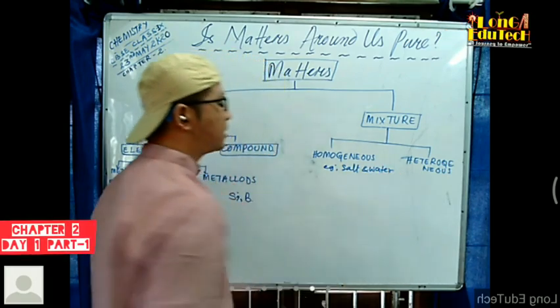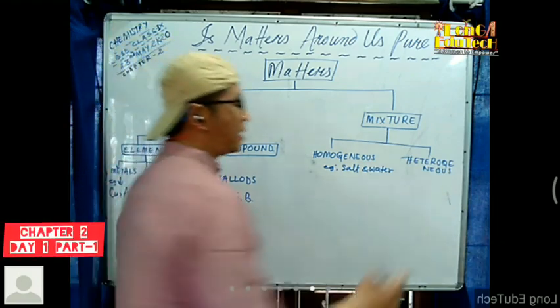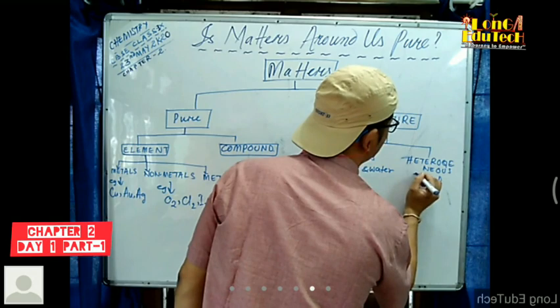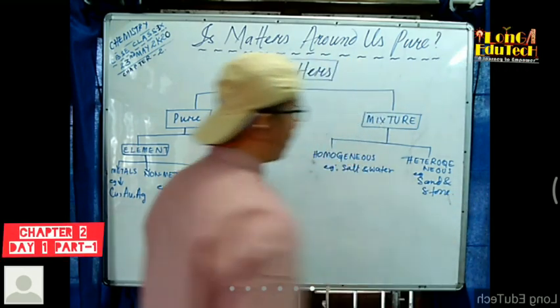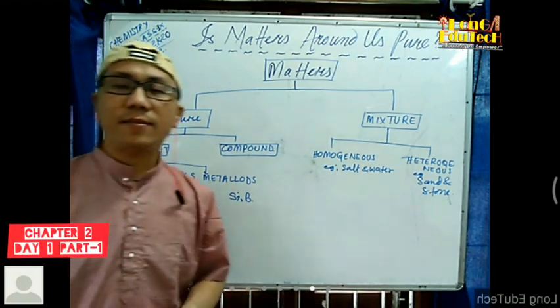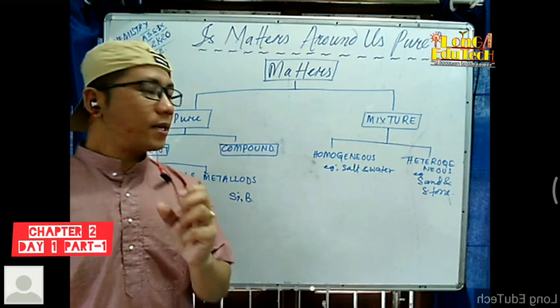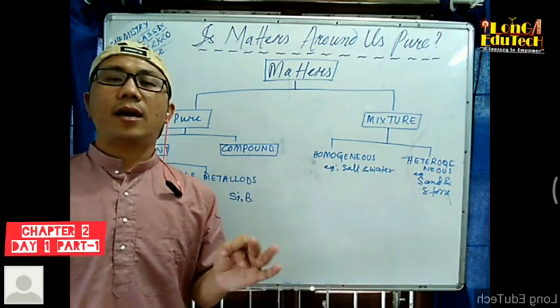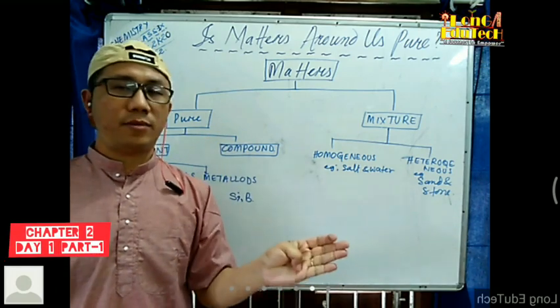Heterogeneous mixture is just simple, say sand and stone. When we mix sand and stone, it is heterogeneous. Even when you have tea, while making tea we add tea leaves, tejpata, cardamom, sugar, water, milk, whatever we get, right?